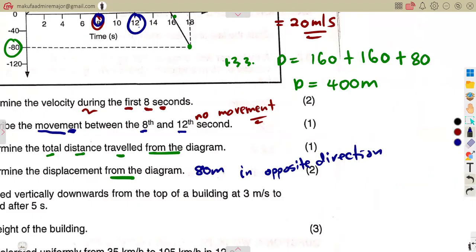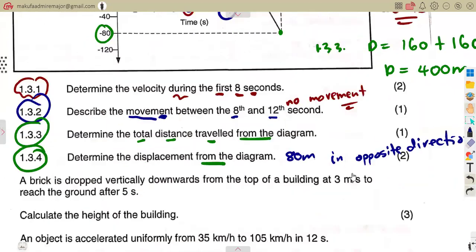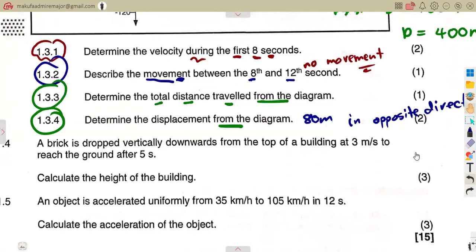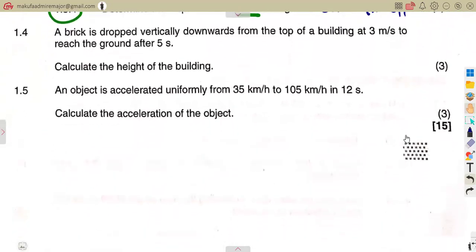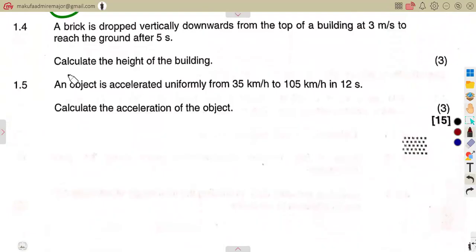So like I said before, you need to understand, most of you are used to just the velocity time graph. No, it can be a distance time graph, not just a velocity. It can be a displacement time graph, like what we are seeing there.